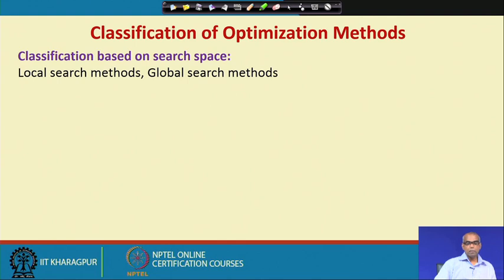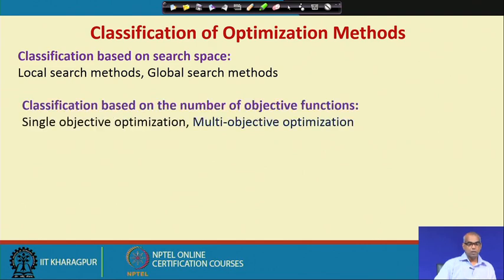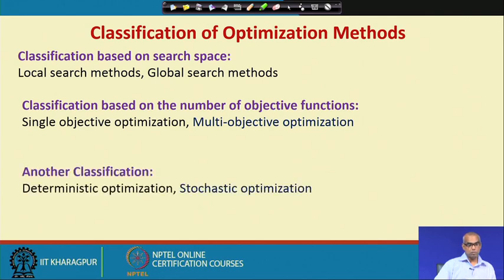We can also have classification based on local search methods or global search methods. So, this will lead to a local optimum or a global optimum. Classification may be based on the number of objective functions. We can have single objective optimization problems, we may have multi objective optimization problems.